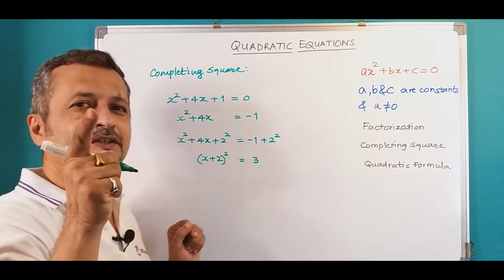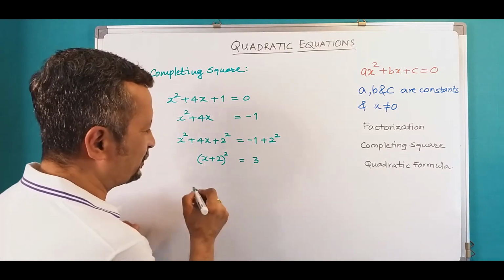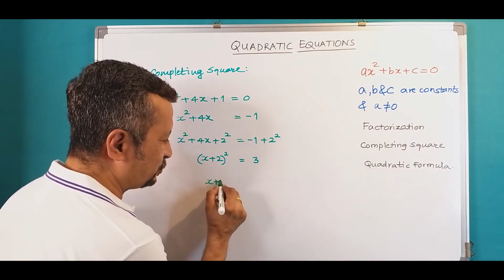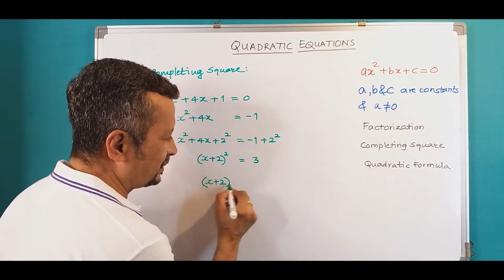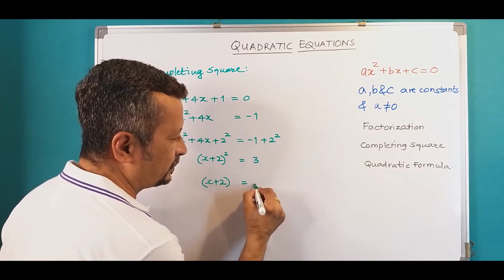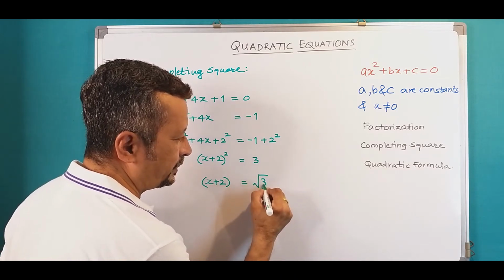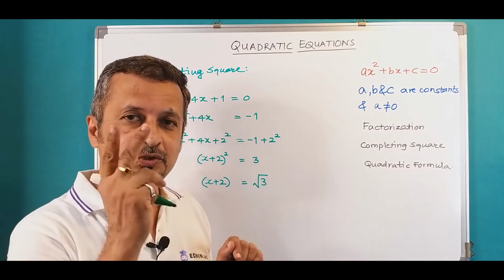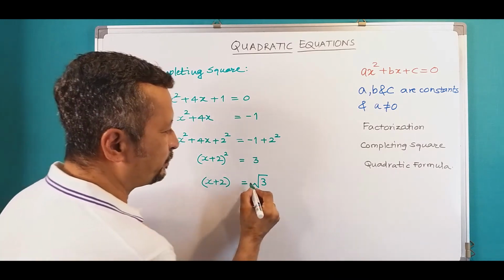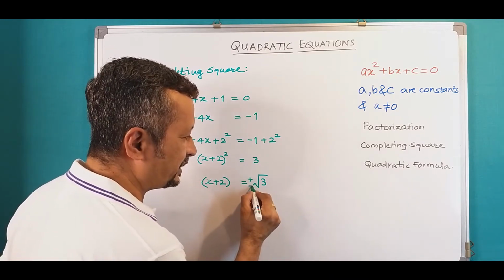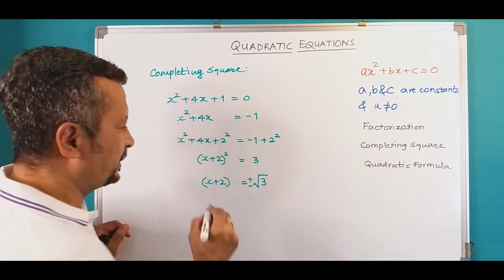Now I take square roots on both sides. Okay, so I can write x plus 2 is equal to square root of 3, but then there will be two square roots for 3. One would be positive square root and the other would be negative, so plus or minus root 3, correct.